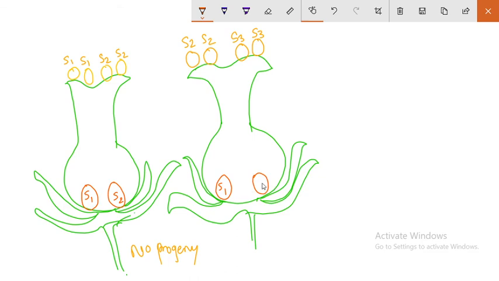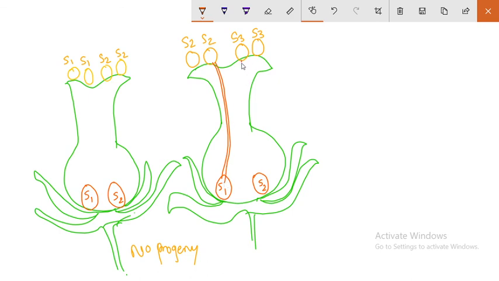The functional pollen: S2 is common, so the functional pollen is only S3.